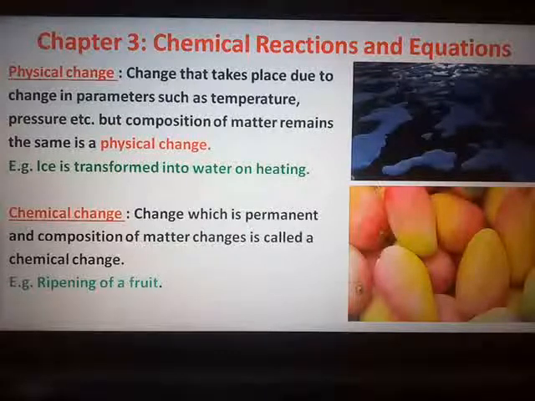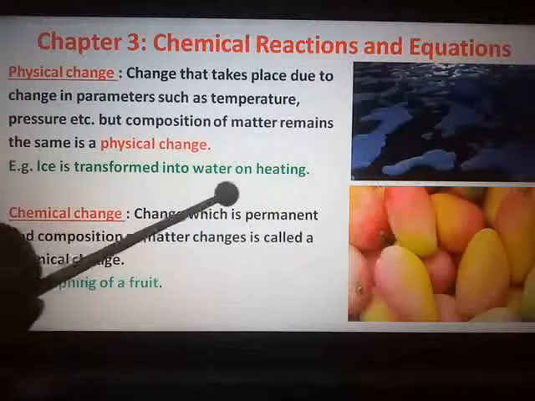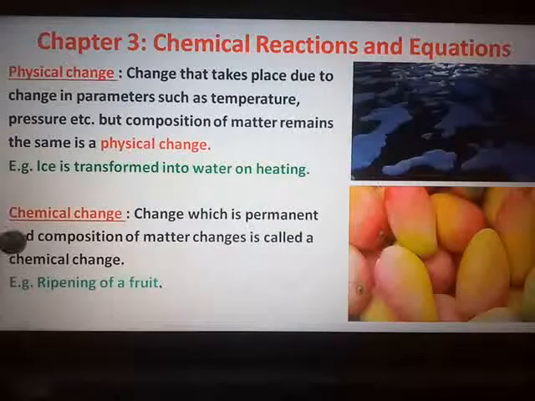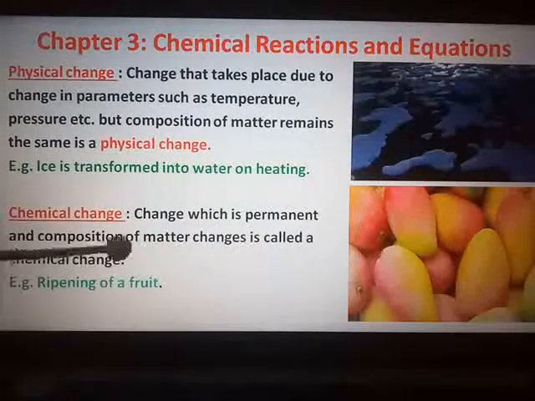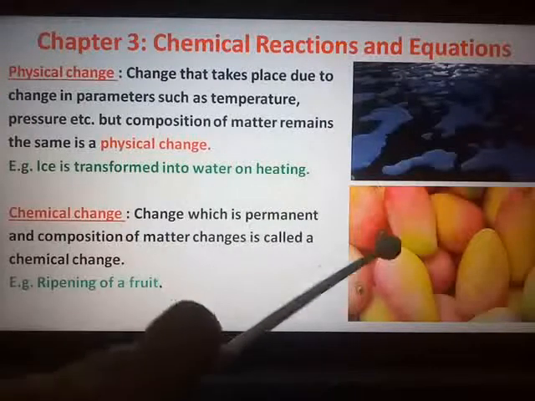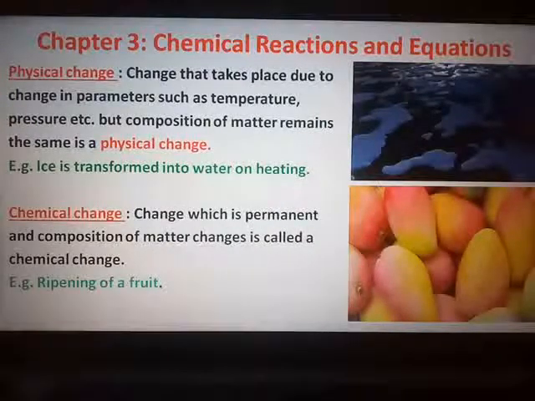Physical, outside there is a change from the solid state, that is ice, into the liquid state, that is water. On the other hand, when you speak about chemical change, which is permanent and the composition of matter changes, is called a chemical change. Here you can see ripening of a fruit is a good example of chemical change, or milk turned into curds.